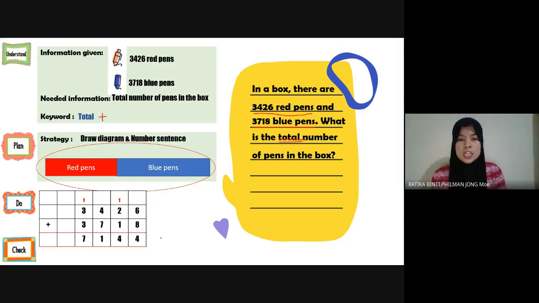Ada satu bahagian ataupun dua bahagian yang awak miscount, sebab terlalu nak cepat. So you check again. When you check, if your answer adalah sama dengan jawapan awak yang tadi tu, check lagi sama jawapan, so that is your answer. 7,144 pens in the box. Okay, so that is the first example.